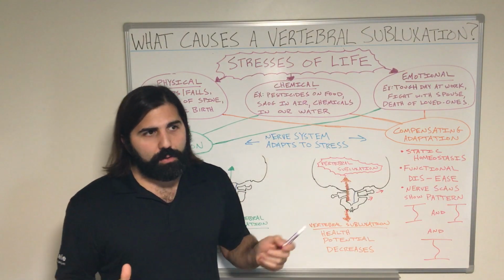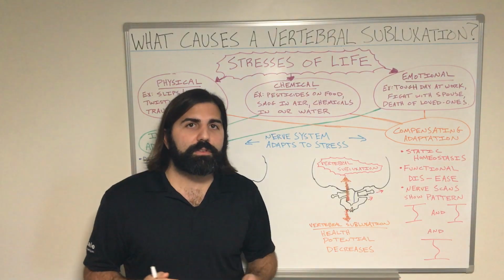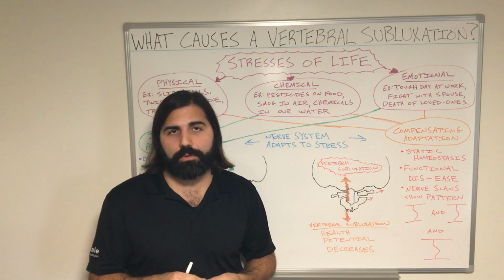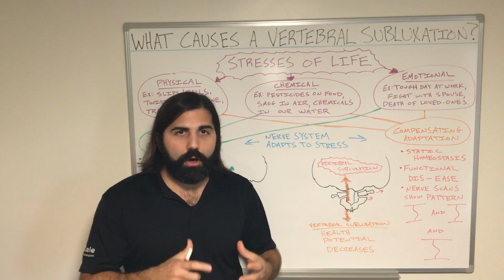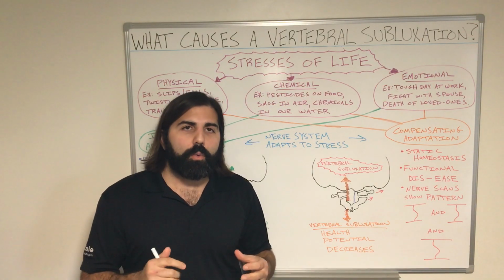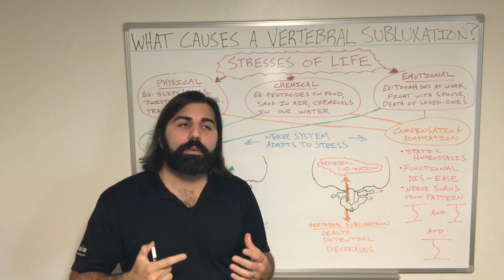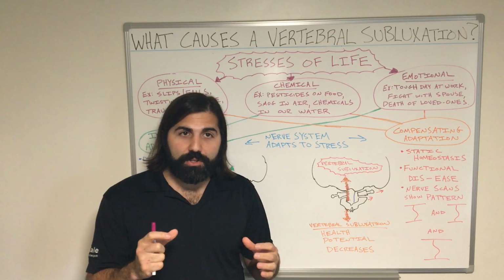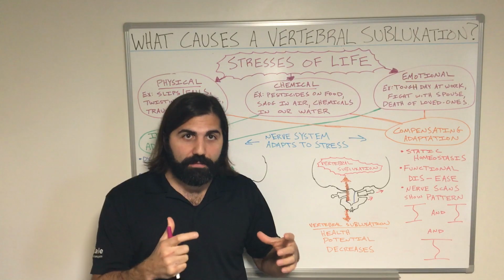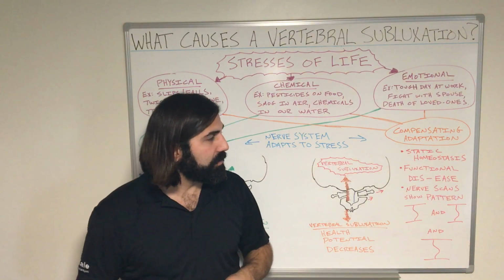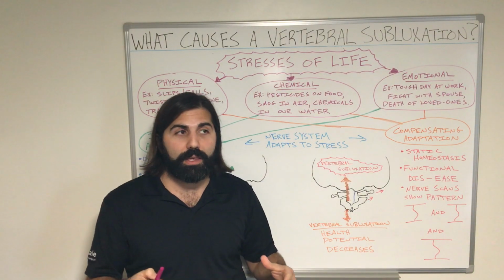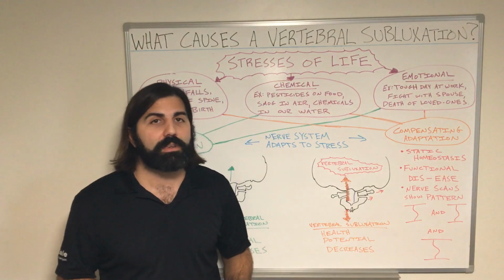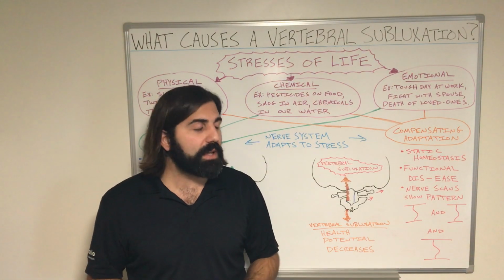Now, it must also be known that no matter the stress, whether physical, chemical, or emotional, all these stresses will create some type of physical imprint on our body. One major example of that sort of compensation, when our body can't completely adapt to that stress, is a vertebral subluxation.